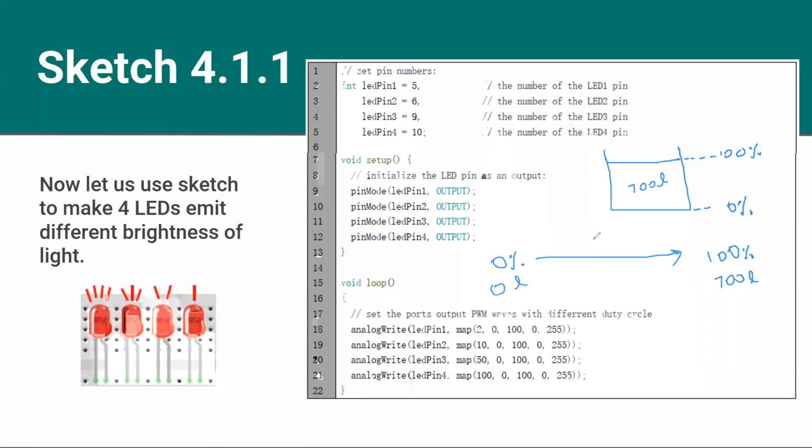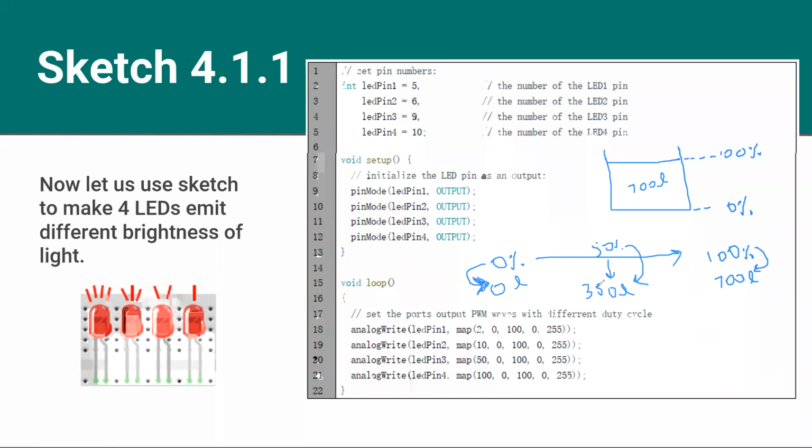Now if someone says the water tank is 50% full, we know that it has how many liters? You have to talk with me. Yes, 350 liters. See, now we are mapping this to liters, so we have a better understanding.